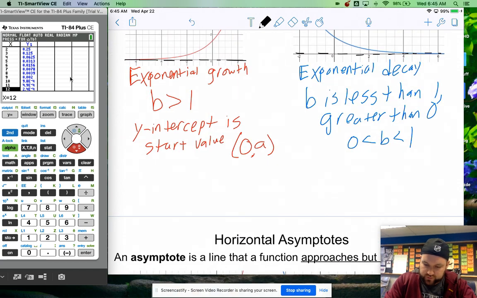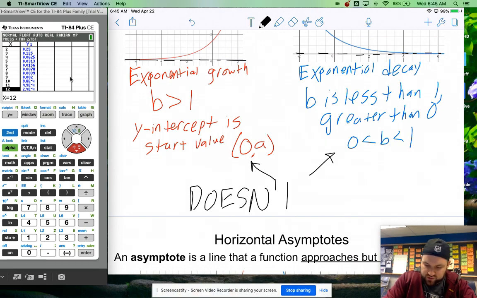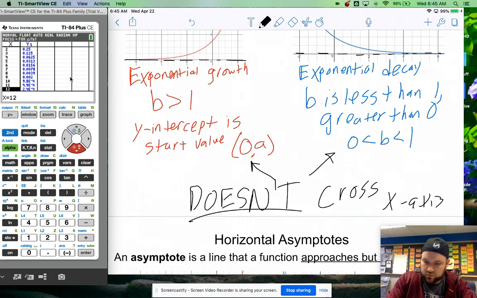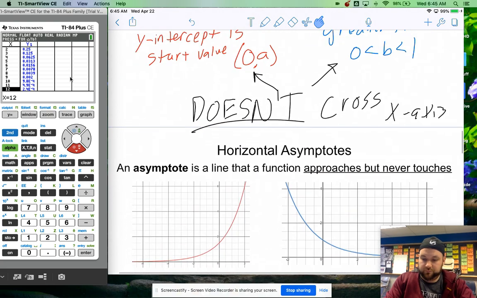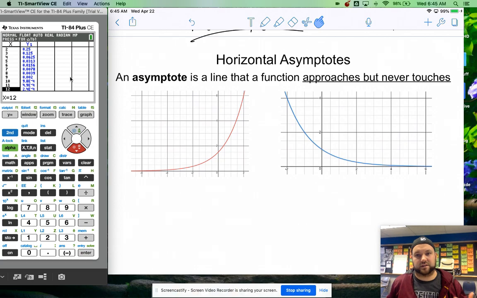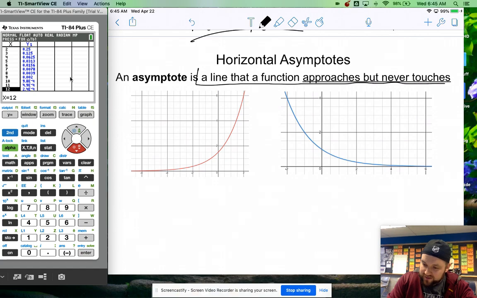So for both of these, and this is super important, please, when you're sketching these, the graph doesn't cross the x-axis. Okay, and that's what's called a horizontal asymptote. Okay, horizontal meaning it's just going side to side. The word asymptote is a line that a function approaches but never touches.